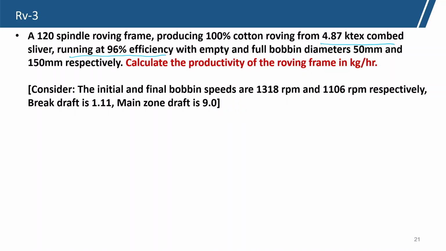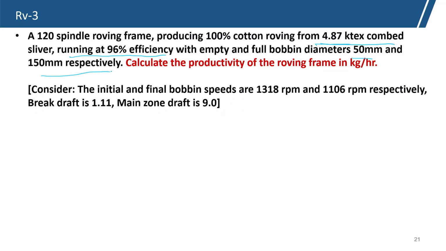That means the production efficiency is 96%, and the combed sliver linear density is 4.87 kilotex, with empty and full bobbin diameters of 50 and 150 respectively.